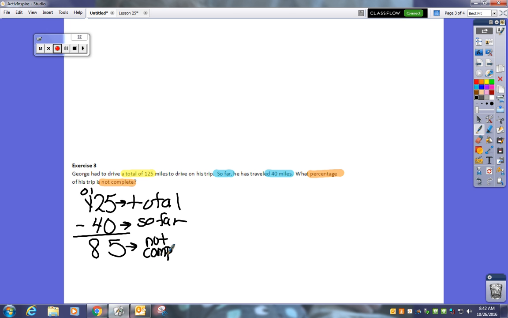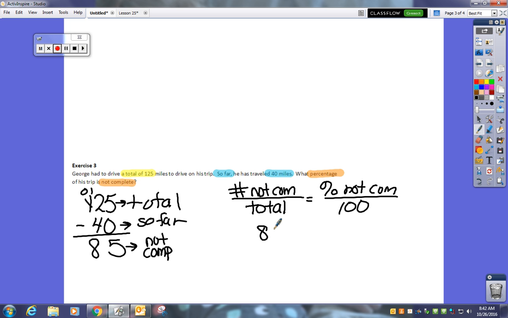When we set up our equal fraction, we would want number not complete over the total equal to the percent not complete over 100. Our number not complete is 85. Our total is 125. And that's going to end up giving us our percent not complete.